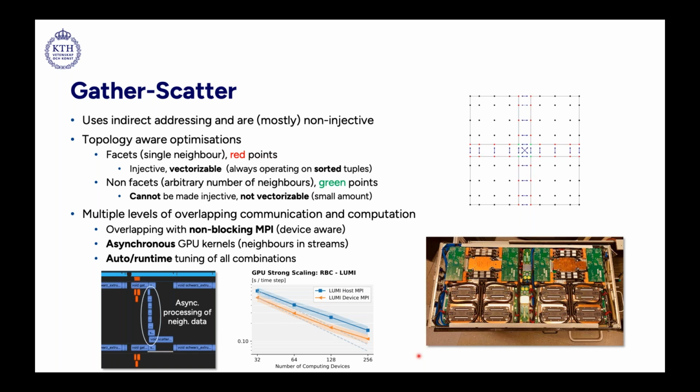And we're not only doing overlapping, we're also using device-aware MPI. So it's very important, especially for example on Lumi, that you're using device-aware MPI, which means that you communicate directly from the device memory without having to copy it into the CPU itself. Because on nodes like Lumi, this is our machine at PDC, the network goes directly into the GPU.